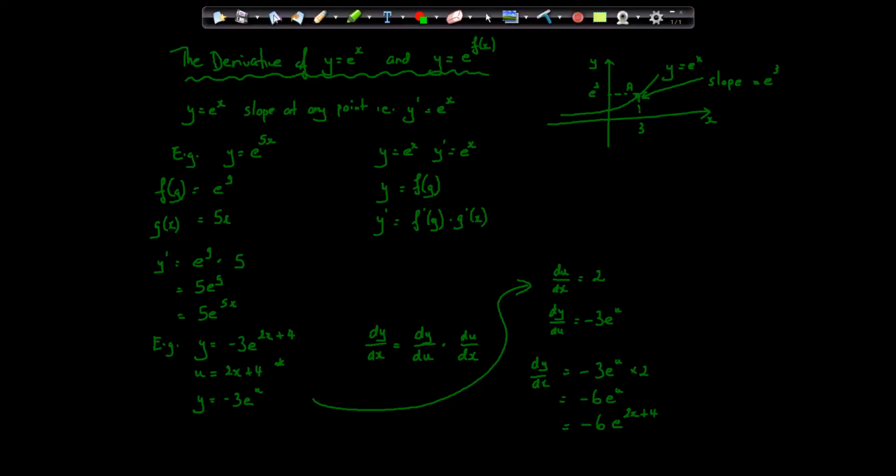Let's try one more example. Let's go to a new page. If we had another example, let's take one that's got a bit of a fraction look to it: 2e to the power of 5 minus 4x, over 7. Well, that would be the same as 2/7 e to the power of 5 minus 4x.